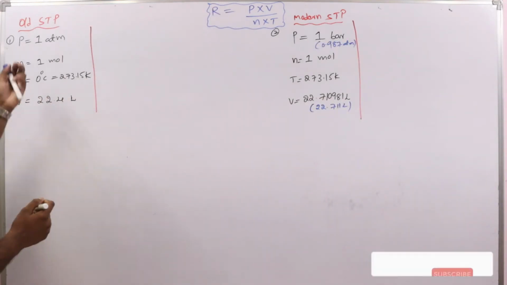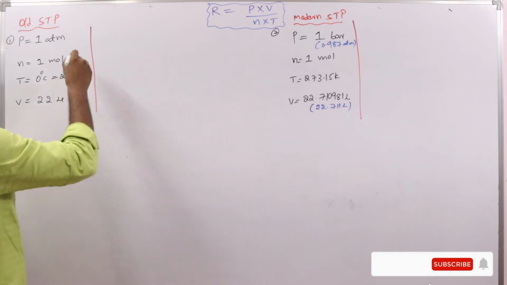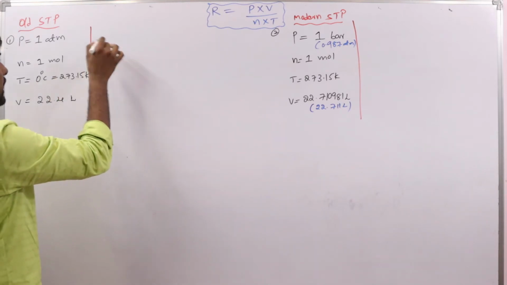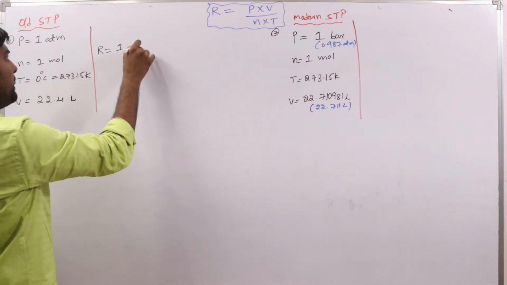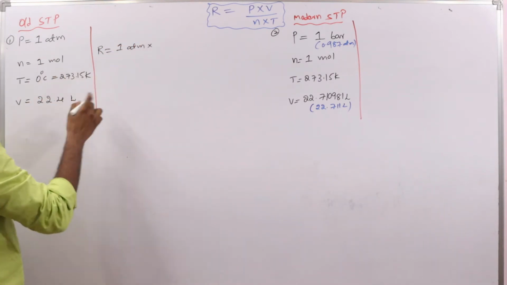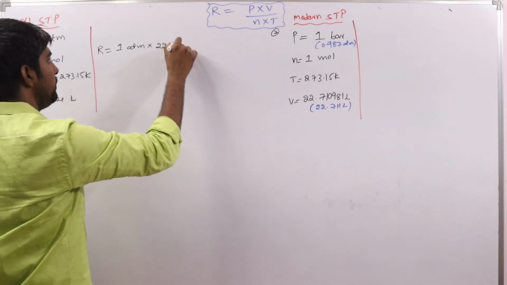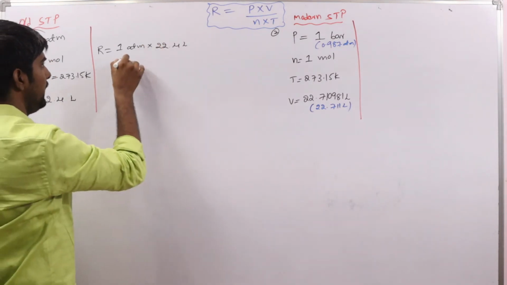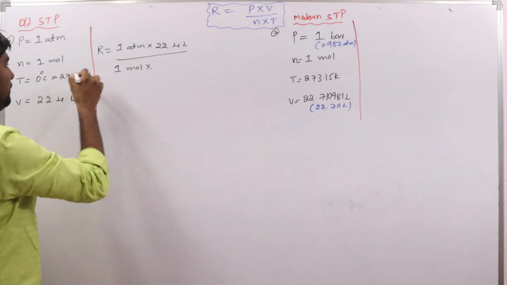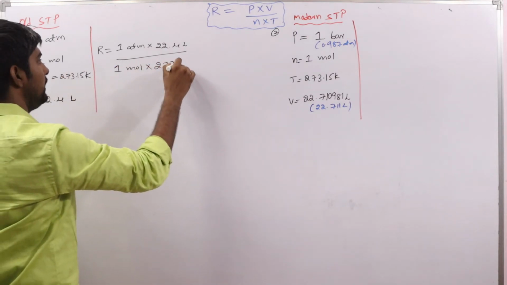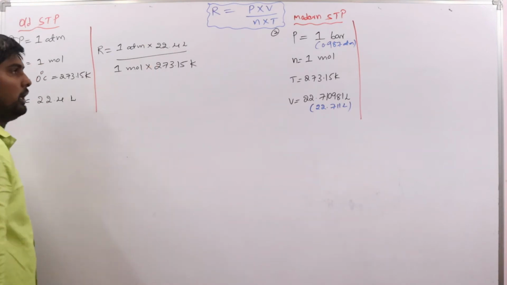Now let us see the R value. How do we get it? Simply substitute all these values: 1 atmosphere into volume 22.4 liter, by N, 1 mole, into temperature 273.15 Kelvin.